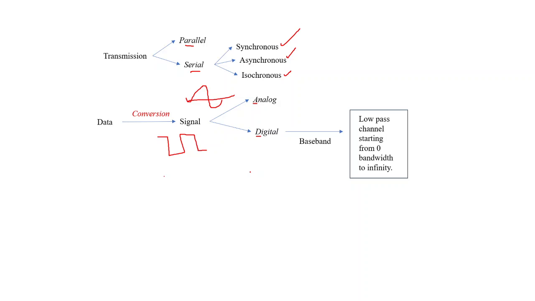Now, baseband communication requires that your channel have a range of bandwidth. It will start from zero bandwidth and go up to infinity in order to actually pass the signal with its proper encoding. And so the receiver gets to understand that okay, this was the exact signal that was sent to me. But the problem with this kind of baseband communication is, first of all, bandwidth up to infinity is very rare.